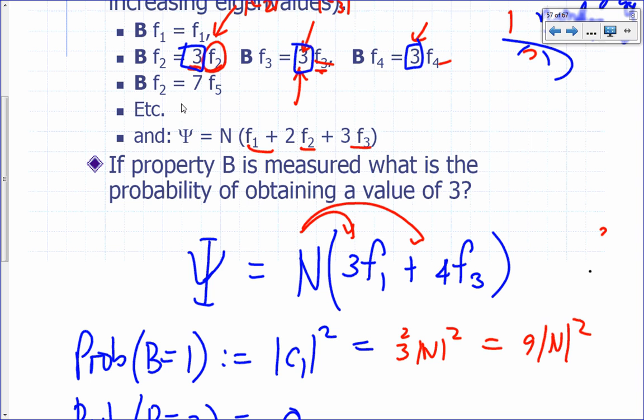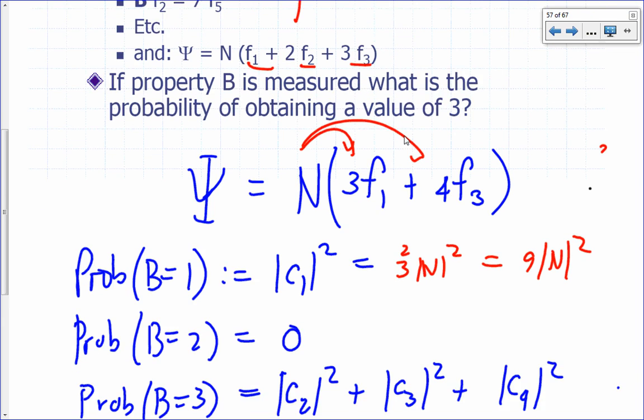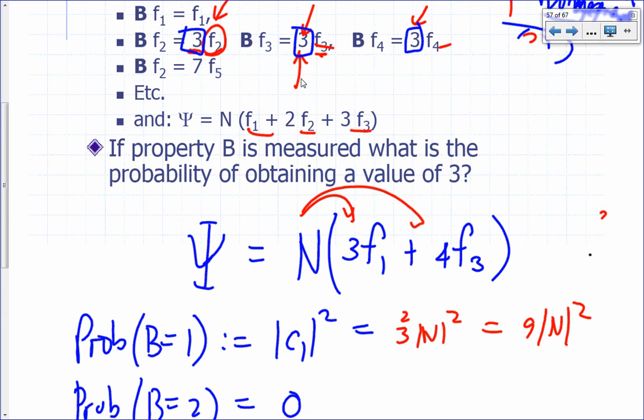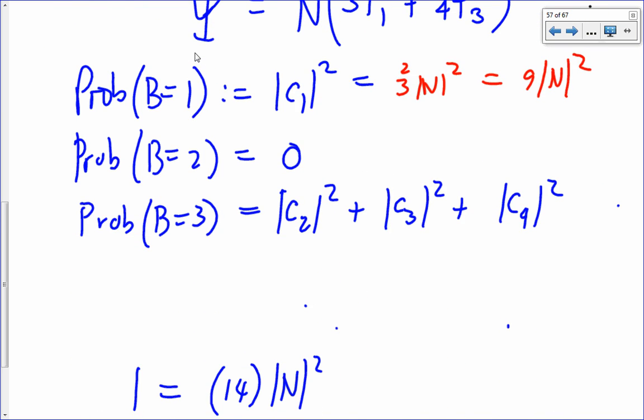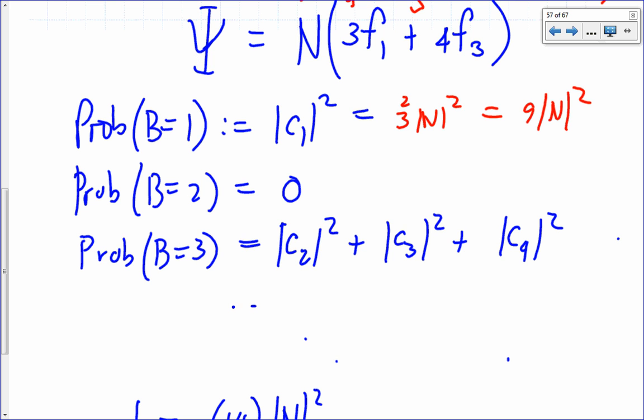The coefficient of F2 squared plus the coefficient of F3 squared plus the coefficient of F4 squared. Because F2, F3, and F4 will all give you an eigenvalue of 3. So what will be this answer right here? It's going to be 3n squared. Oh, sorry. What's the coefficient of F2?